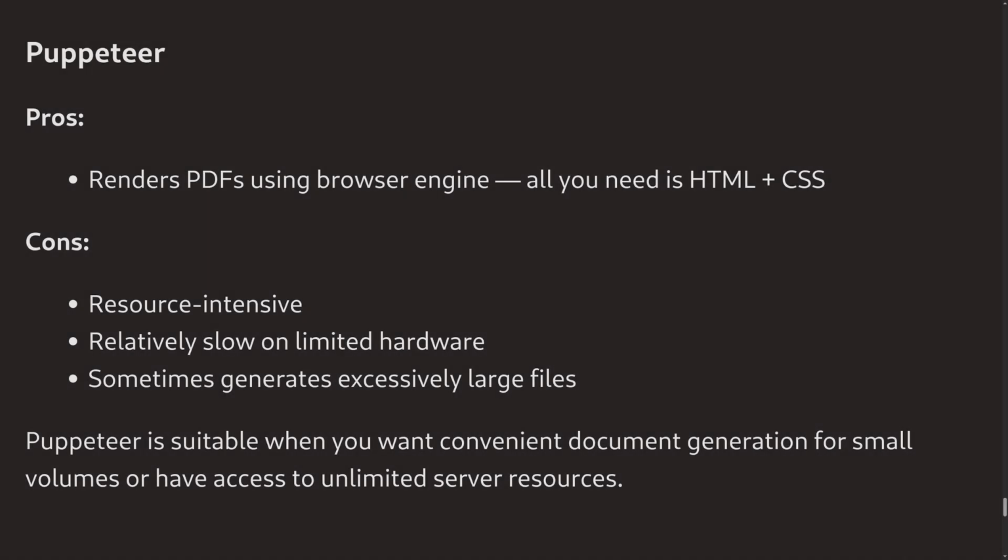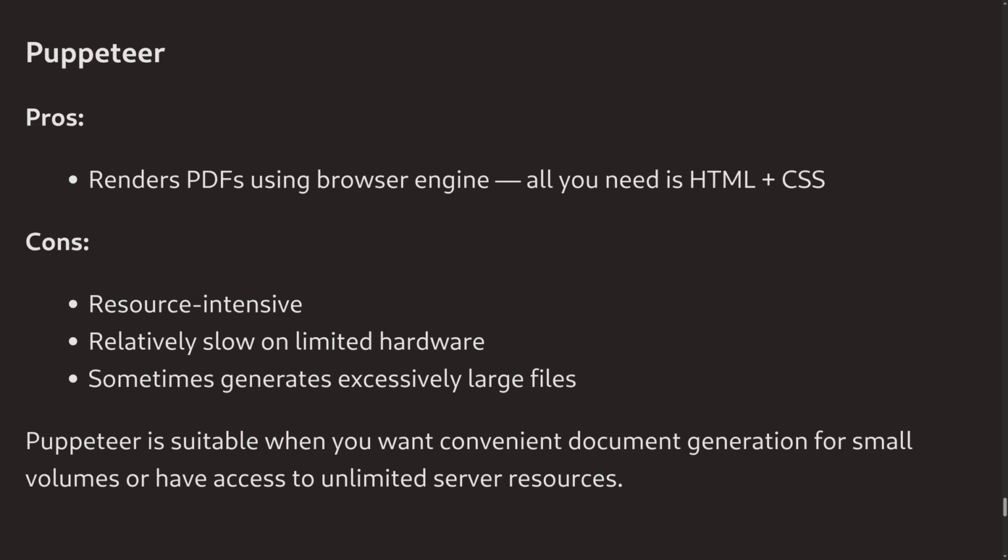Puppeteer is popular, easy to use, and easy to understand. You just create an HTML document and transform it into a PDF. It supports all the features that your browser supports, but it is resource intensive. If you need to generate a small number of PDFs, Puppeteer can maybe be a really good tool.